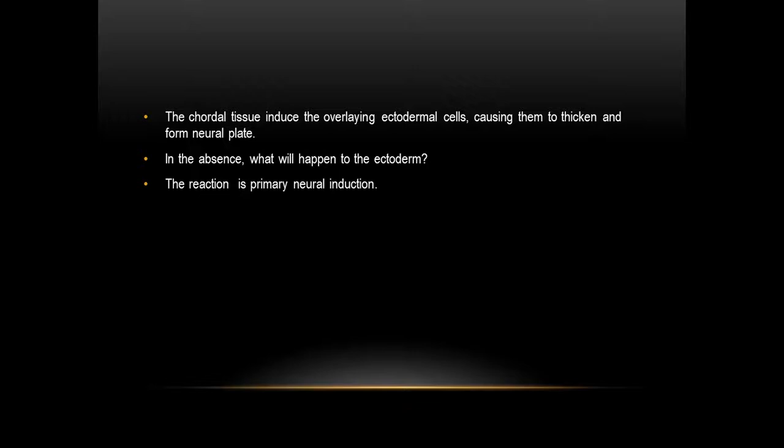In the event that the chorda mesoderm notochord is absent or has been removed or excised from the growing embryo, the ectoderm underlying it is not going to develop as neural ectoderm. No neural tube will develop.